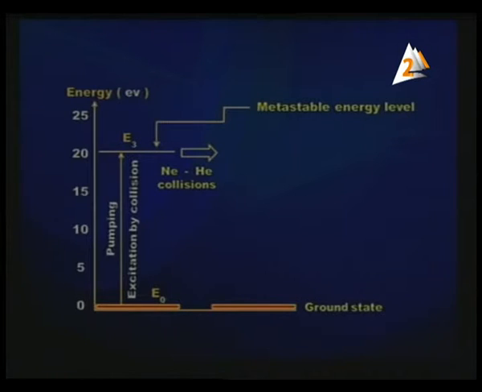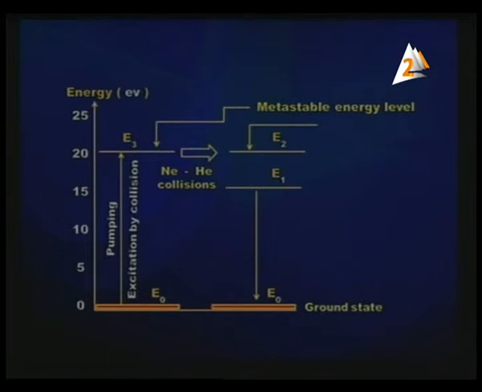And talking about neon, we've got the ground state. They could be in the ground state, and E1, which is a normal energy level, and the metastable energy level E2, which is very close to that of helium atoms.